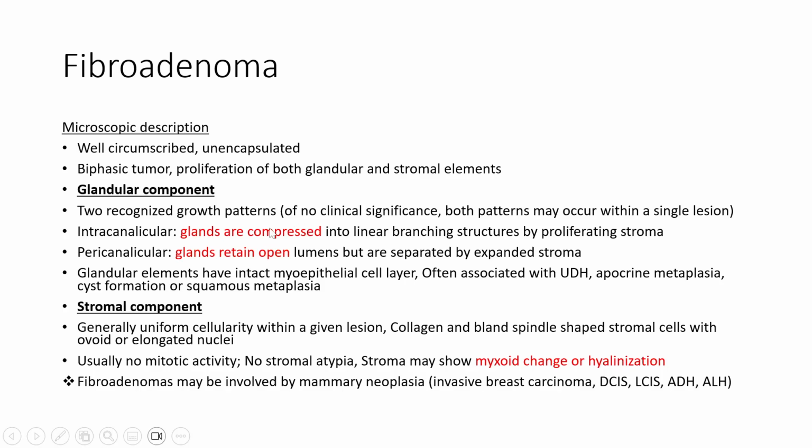The other one is pericanalicular, which means the glands remain open. In the stroma, we can see spindle cell proliferation, and we can see myxoid changes or even hyalinization. But you need to pay attention: fibroadenoma can be involved by other breast neoplasms, including invasive ductal carcinoma, lobular carcinoma, and also other malignancies.